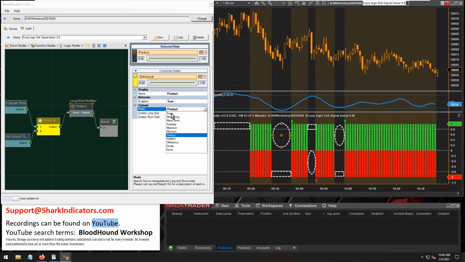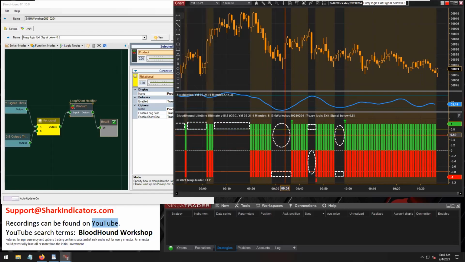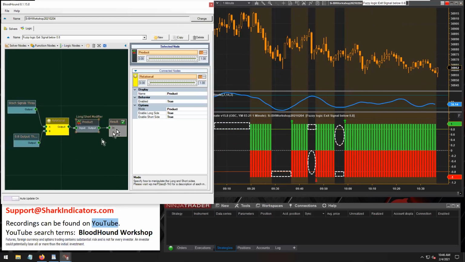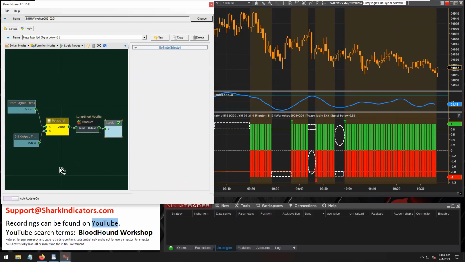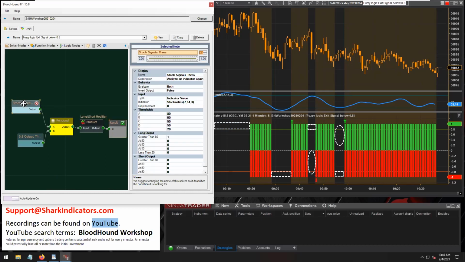So some of them don't, like swap simply swaps the outputs. You can mirror the long side or mirror the short side. But in this simple case, we just need the product. And that's how we're able to strip out the other side there. All right, well, we are done answering this question. This is it. So again, just a summary here, right?